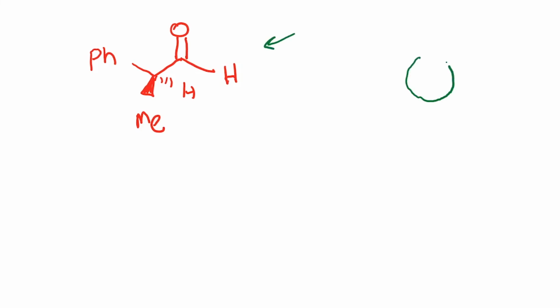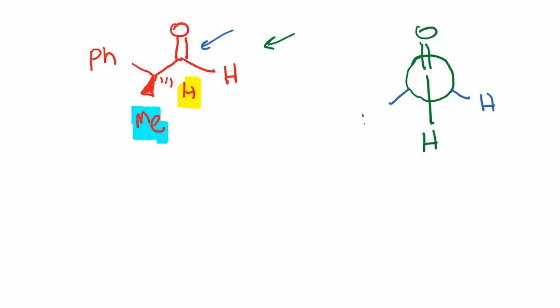I'm going to be careful and label this in different colors. This hydrogen is going to be in yellow, and this methyl is going to be in blue. If I'm looking at it from here, the hydrogen is on my right and the methyl is on my left, and the phenyl ring is actually eclipsing the carbonyl. So this is how I would draw this.